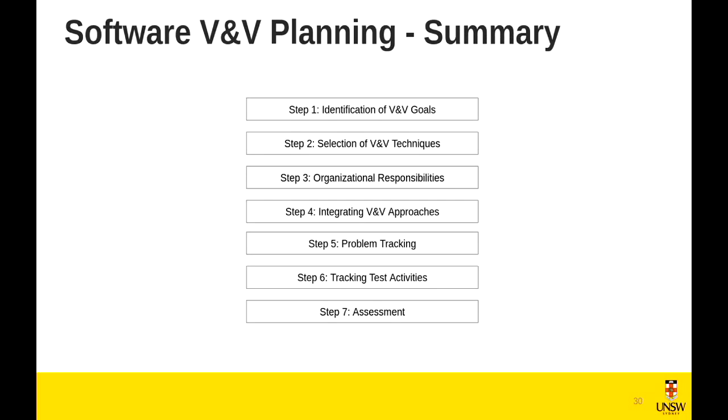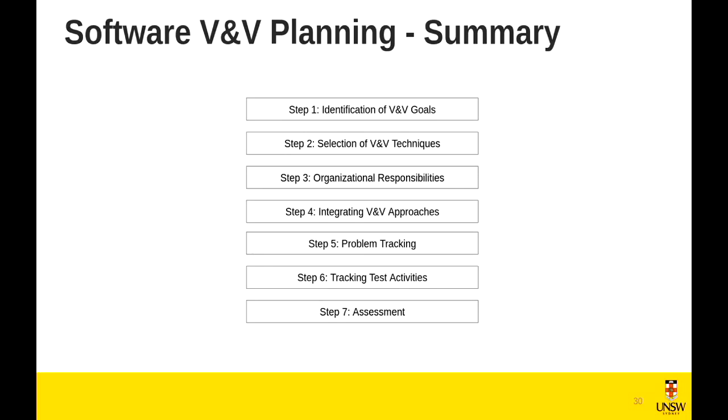So these are the 7 steps for software validation and verification planning. The first one is we need to identify the goals. We need to select proper techniques, and different software development lifecycle stages may have different techniques. We are only interested in implementation and maintenance related techniques.